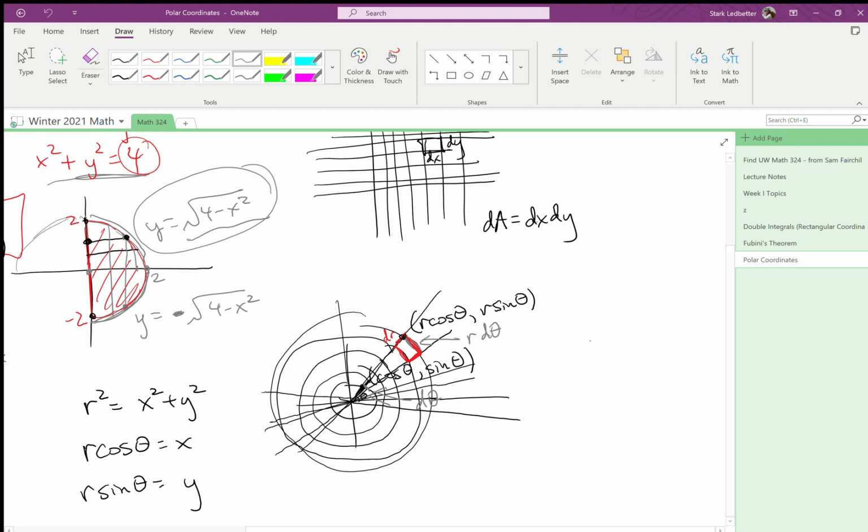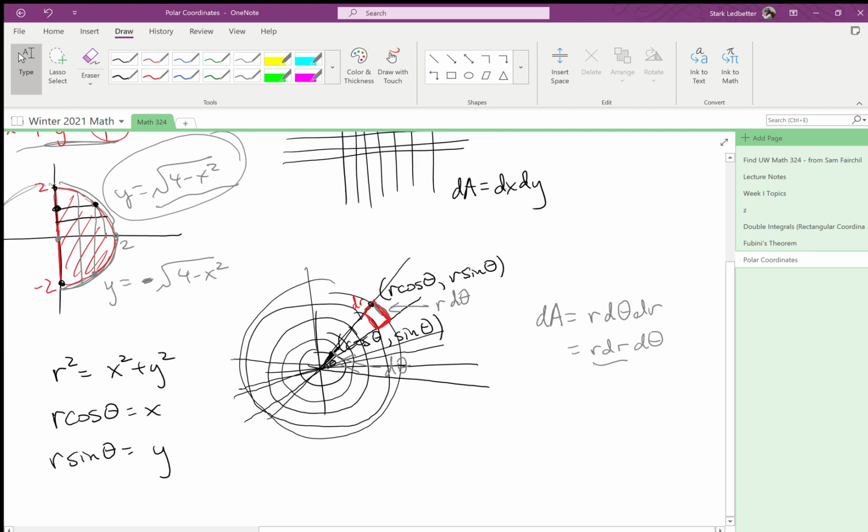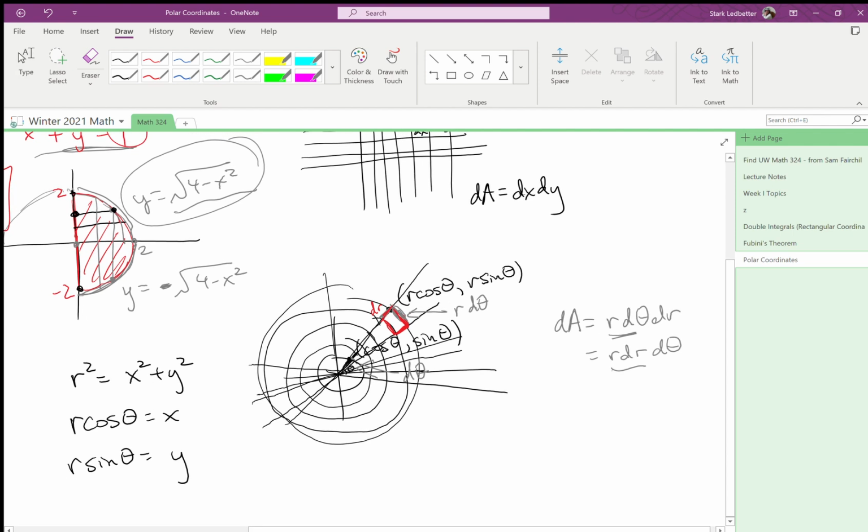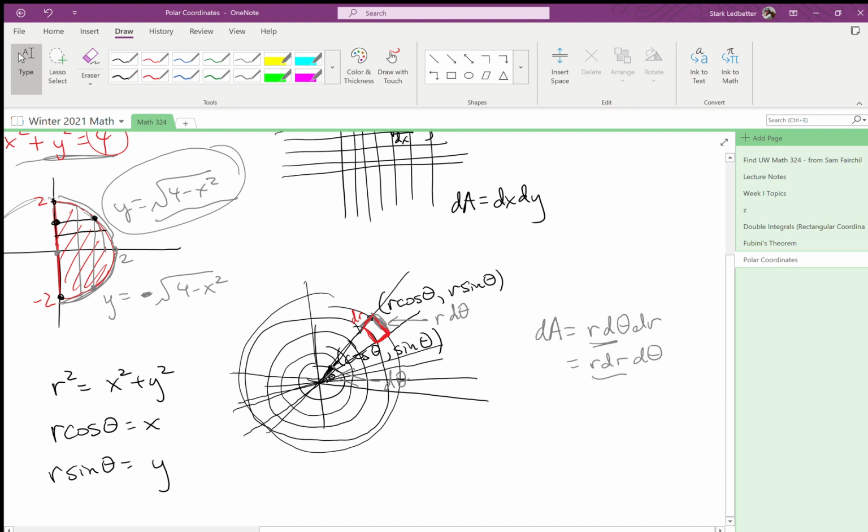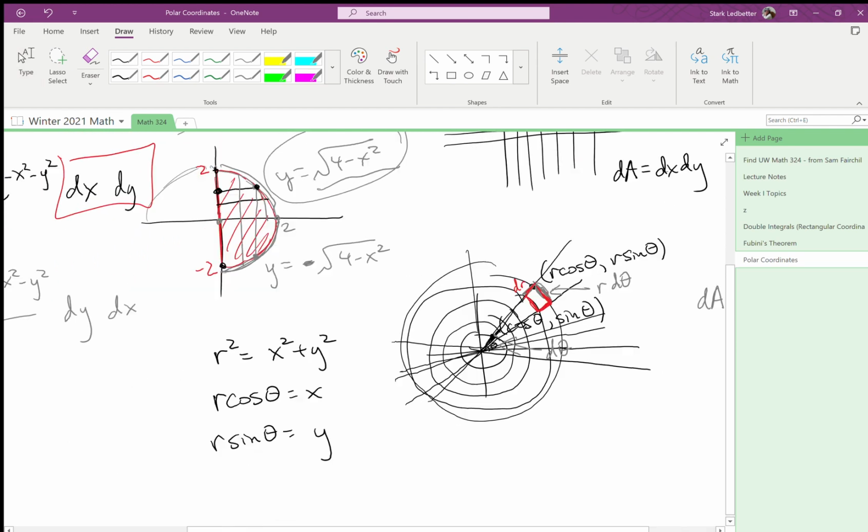So in polar coordinates, dA is not dr d theta, it's r d theta dr, or people write it r dr d theta so that we can have all the same variables together. But the r d theta comes from the arc length, and the dr comes from the width of the little polar rectangular slice. Okay, so that's everything we need to know about polar coordinates.